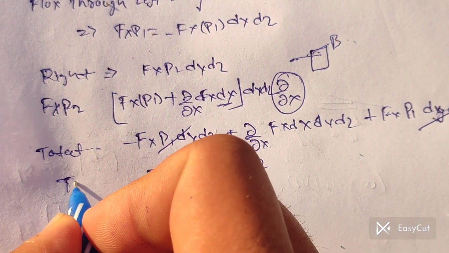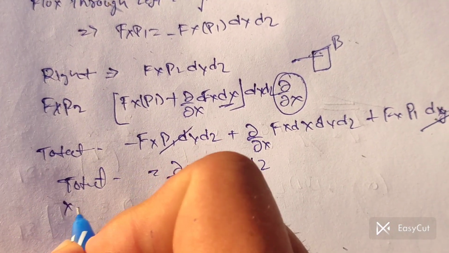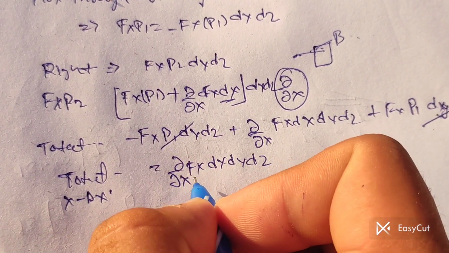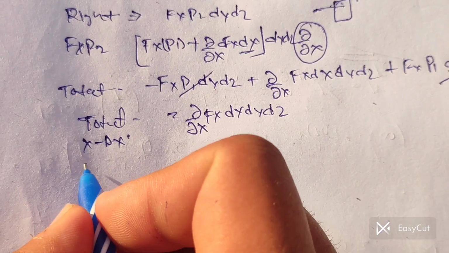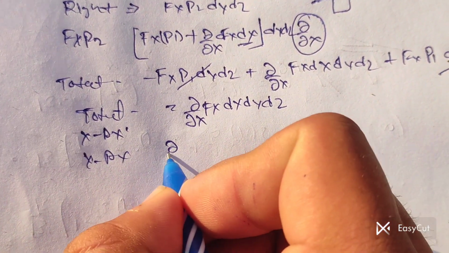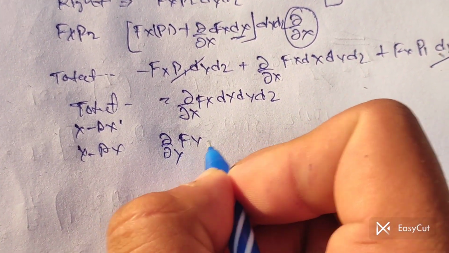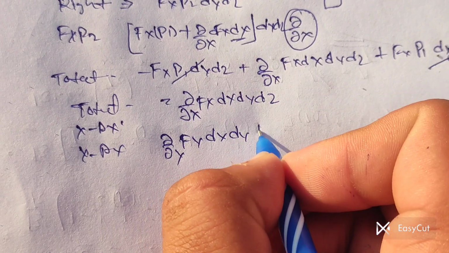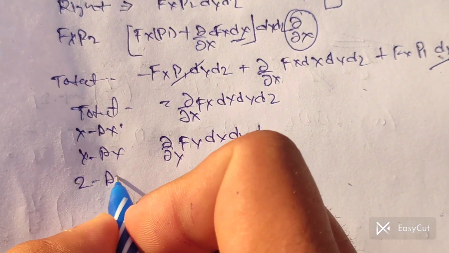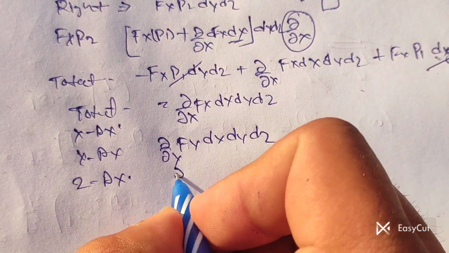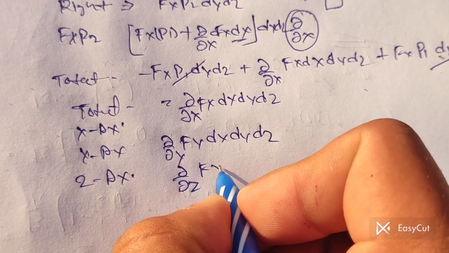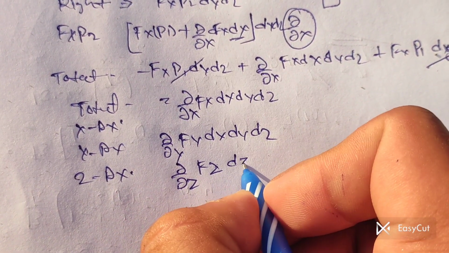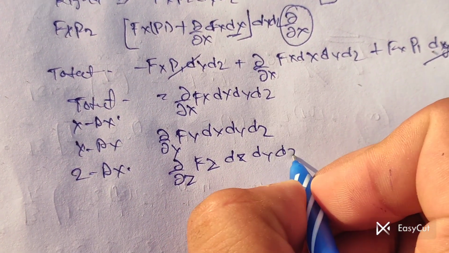This is the total flux along the x axis, and Fx is the x component of the flux. The same for the y axis gives the partial of Fy with respect to y times dx dy dz, and for the z axis the partial of Fz with respect to z times dx dy dz.